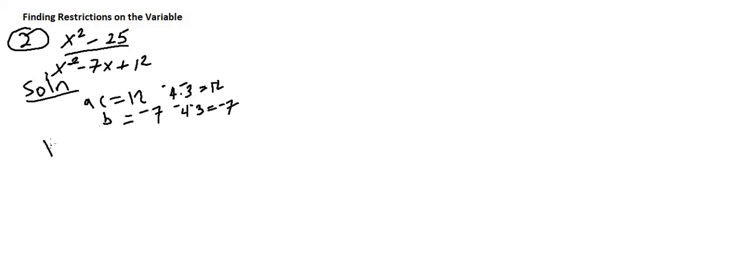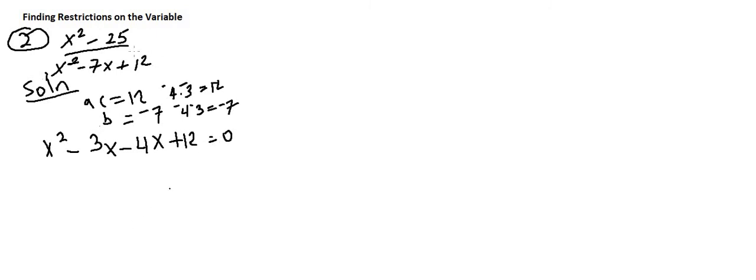So we have x squared minus 3x minus 4x plus 12. Because we are finding the restrictions, we can say it is equal to 0.